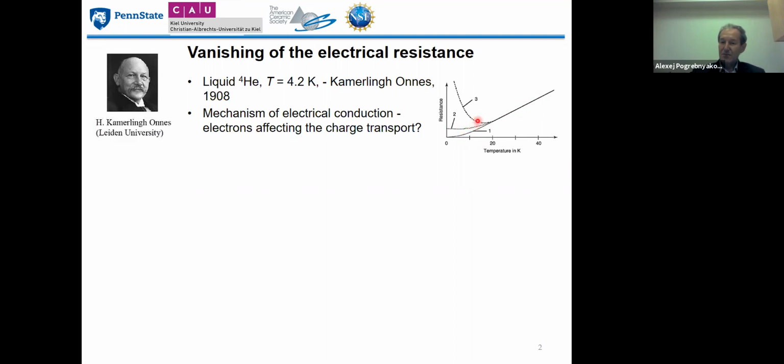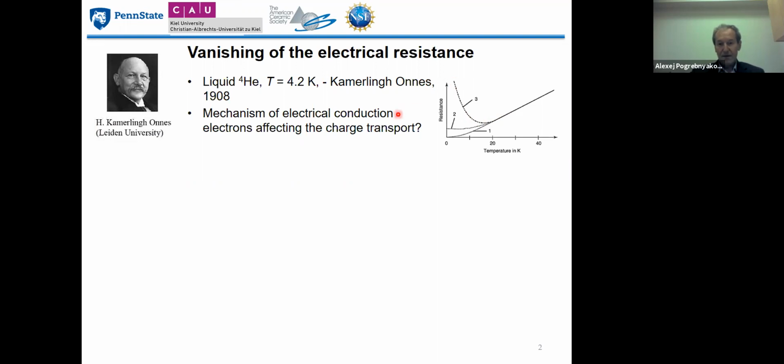The third proposal came from Thomson, the very famous physicist Lord Kelvin. He suggested that the resistance would go through a minimum and then start rising again, and the electrons would adhere to corresponding atoms.